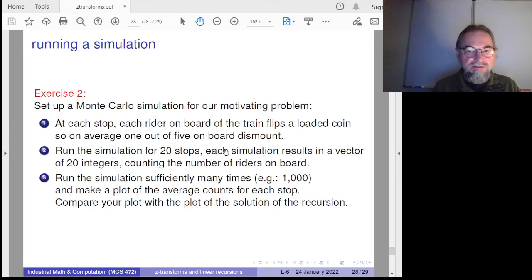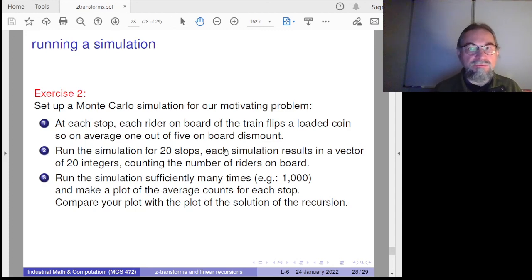And the simulation is here the coin toss. So everyone on board flips a coin. There are as many coin flips as there are riders, and 1 in 5 descends. So the thing about the solution here is that you will always have exact integers.